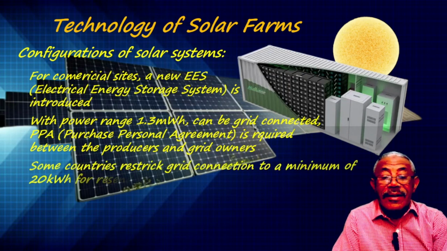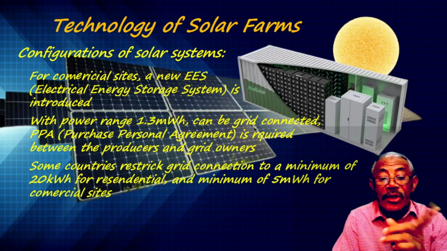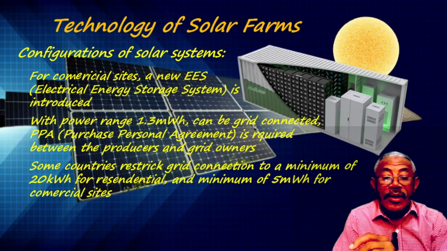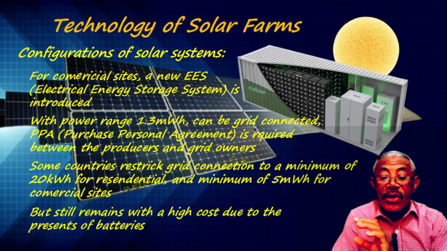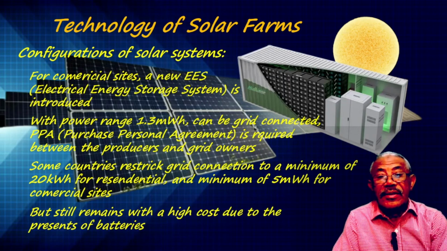Some countries restrict grid connection to a minimum of 20 kilowatts for residential sites and a minimum of 5 megawatt hour for commercial sites. But still, it remains a high cost due to the presence of the batteries.